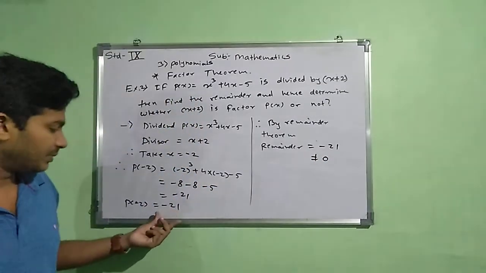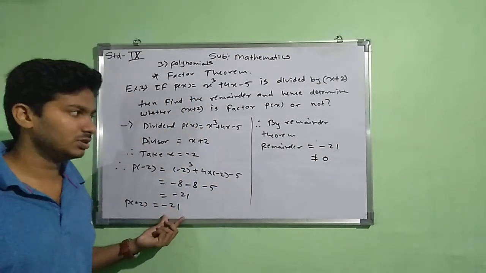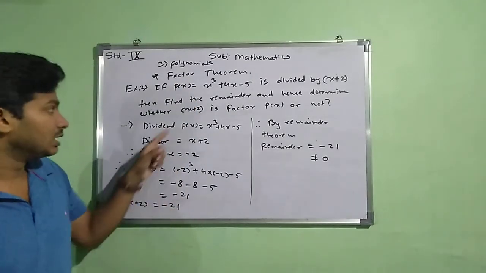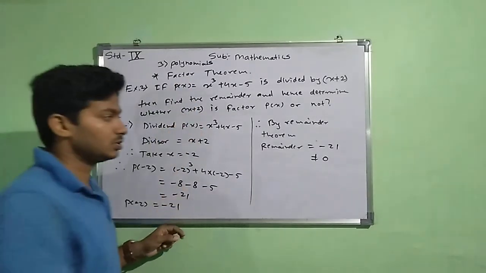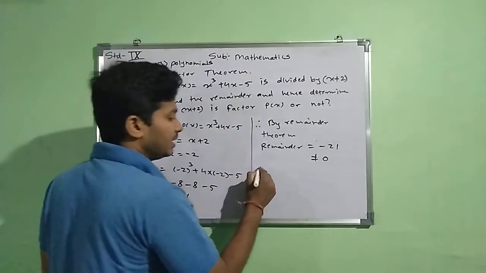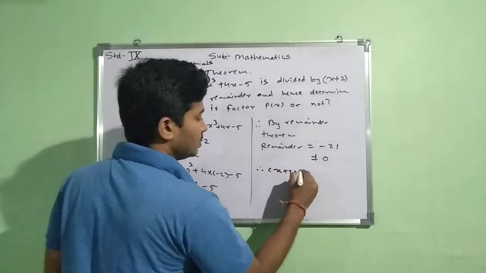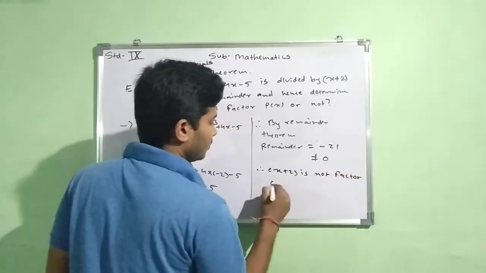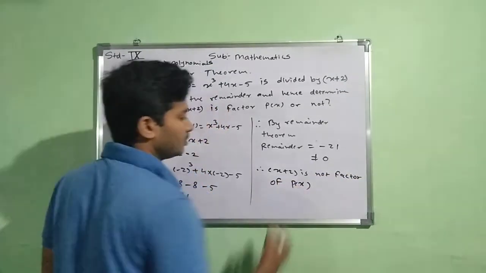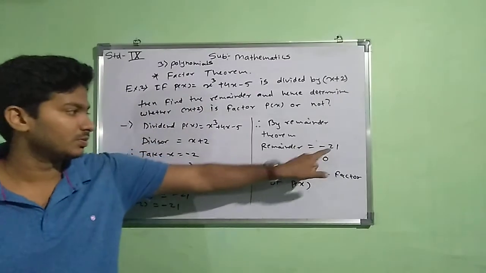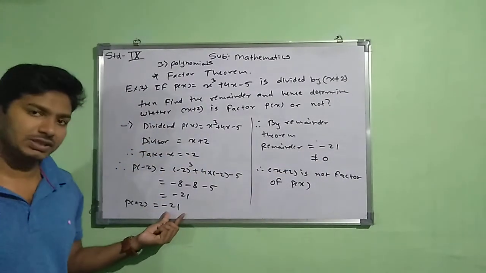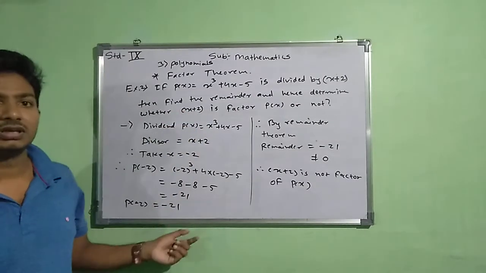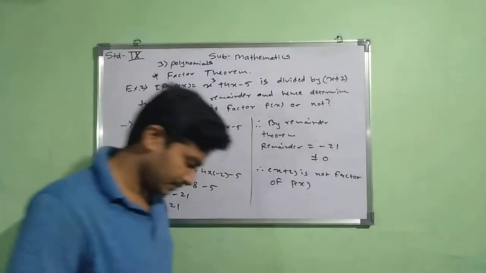Therefore according to our factor theorem we can conclude that the given divisor x plus 2 is not a factor of the given polynomial. Therefore x plus 2 is not a factor of p of x. Why? Because remainder is not equal to 0. Here we have got remainder as minus 21 which is not equal to 0. Therefore x plus 2 is not a factor of the given polynomial.